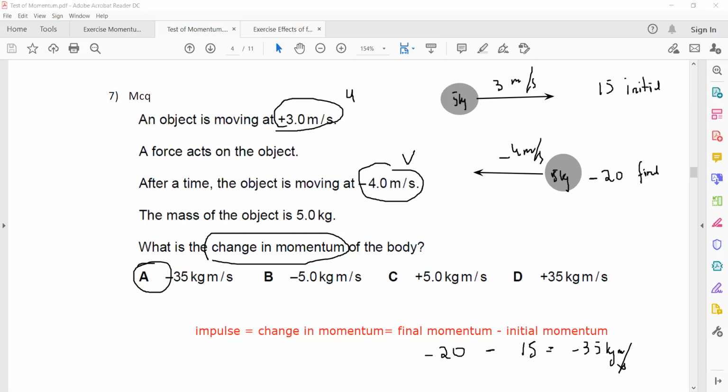Any doubt in this? Impulse is equal to final momentum minus initial momentum, or the difference in momentum.